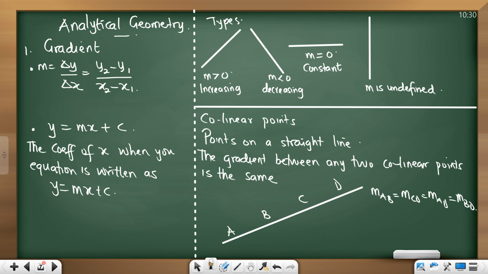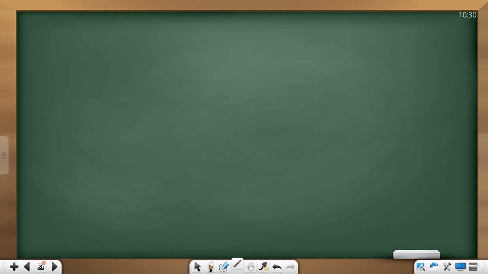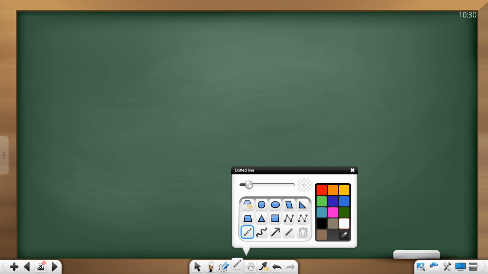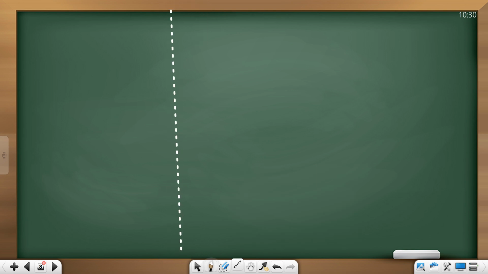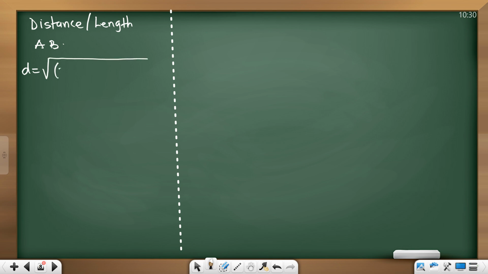All right. What did I say now? Okay, but let's start with distance or length. If I'm looking for the distance between AB, I'll say distance is the square root of x2 minus x1 squared plus.